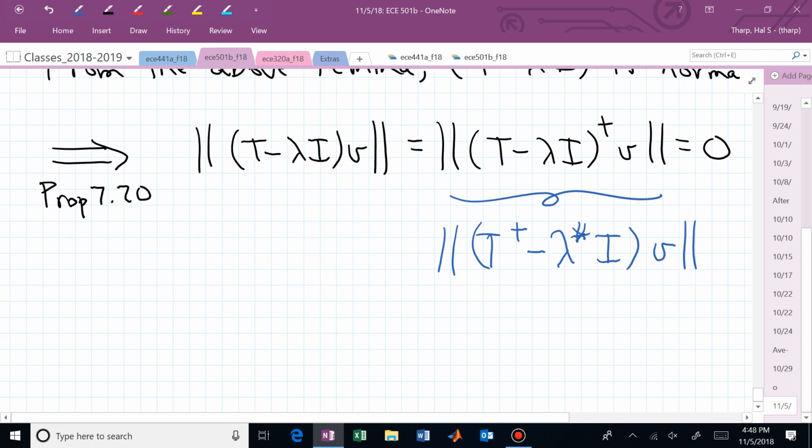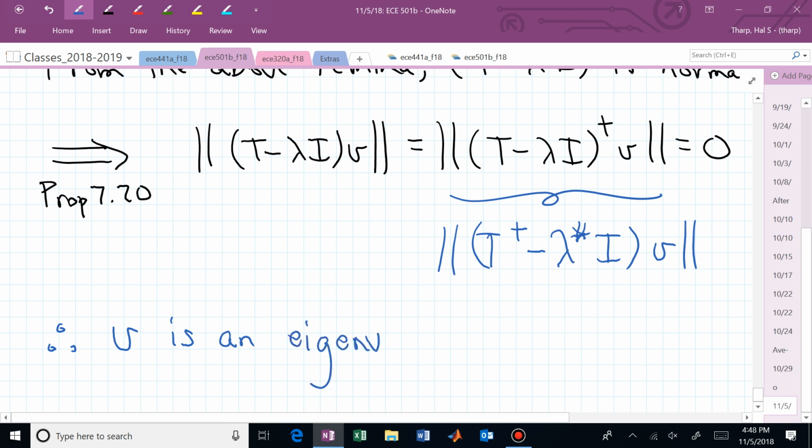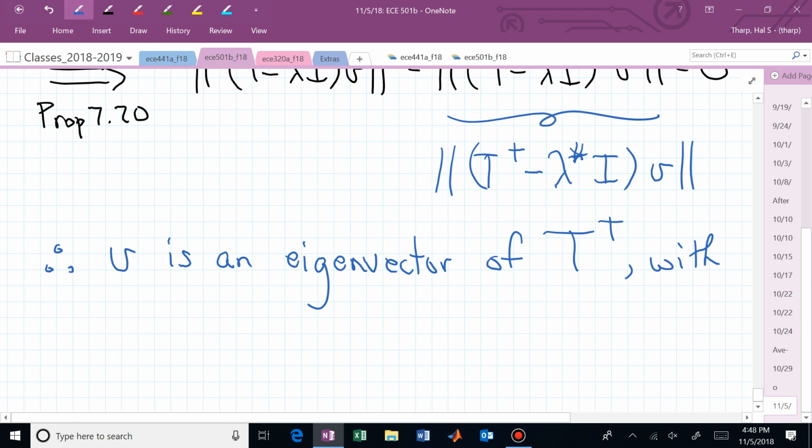So that now, therefore, V, the same vector, is an eigenvector of T dagger. And with respect to that eigenvector, we have an eigenvalue being equal to its conjugate.